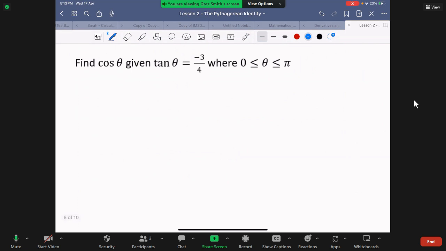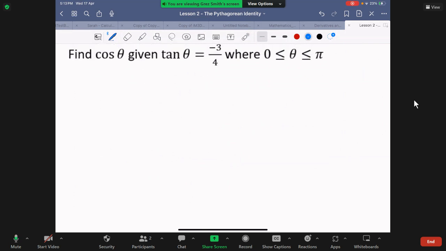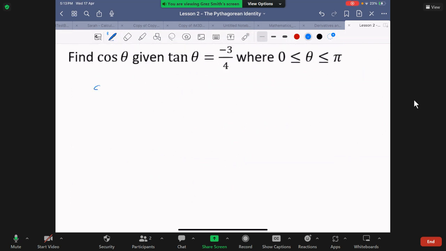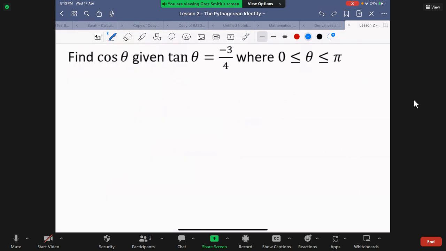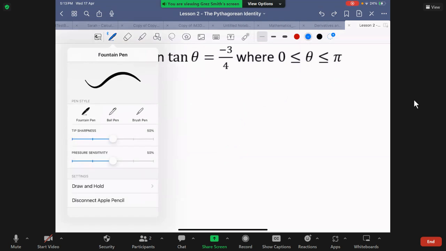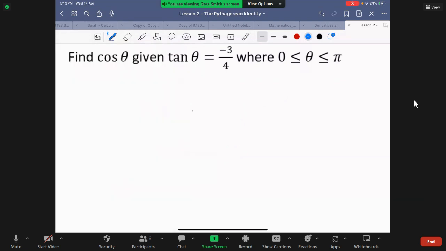Find the cosine of theta given that tan theta is minus 3 over 4. Ooh, okay, so this one gets a little bit trickier now, and we need to pull on another formula. So we need to pull on the formula sine theta over cosine theta equals tan theta.